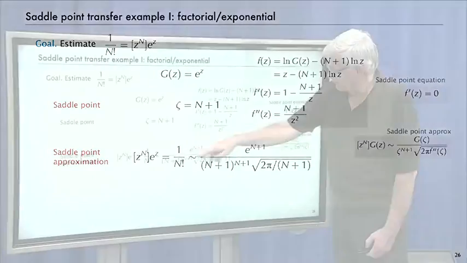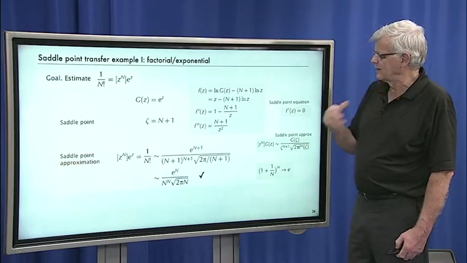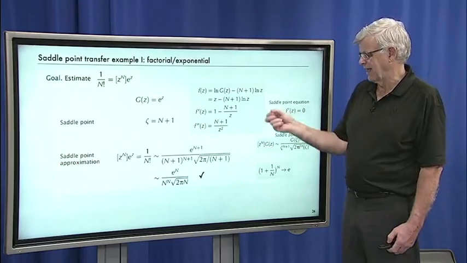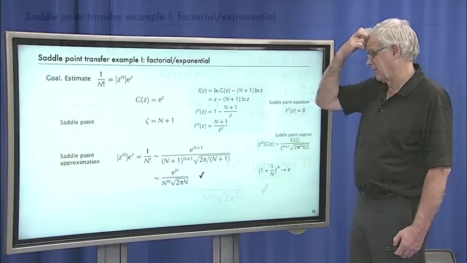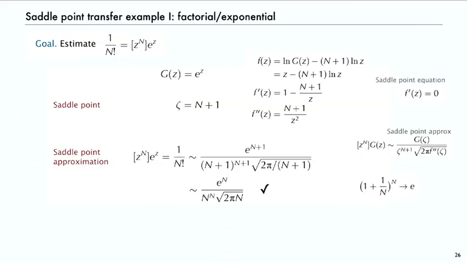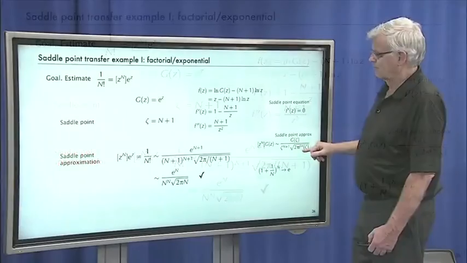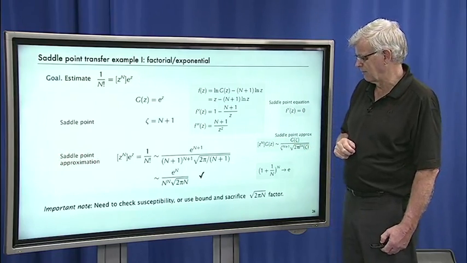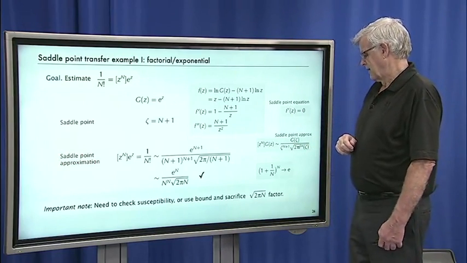And again, that one goes to 1 over e, and just simple asymptotics gives us exactly Stirling's approximation, e^n over n^n over the square root of 2 pi n. So this extra factor in the saddle point approximation gives us the extra factor that we were missing before.